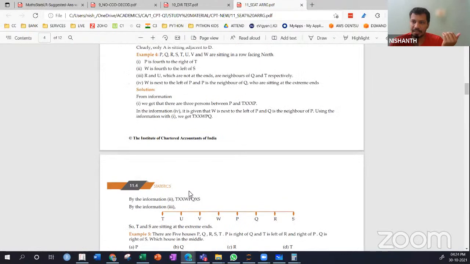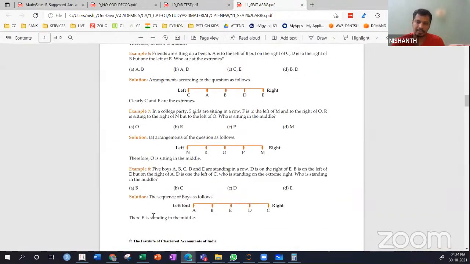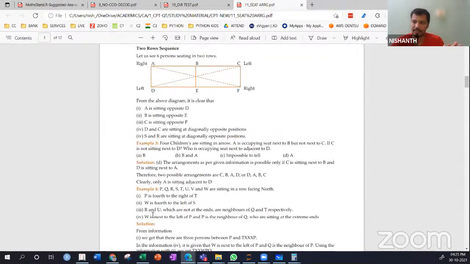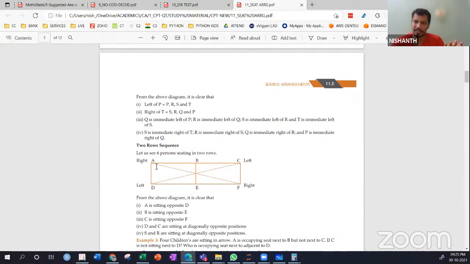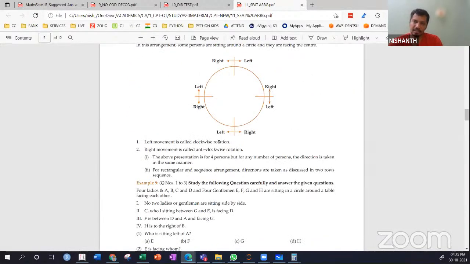Yeah, if they're facing each other, for example, my left will be the other's right, my right will be the other person's left. So that thing you should take care of. For example, this one, left, here it is right, and here right, and this is left. So facing each other. And then this is that cyclic. This is also very simple.